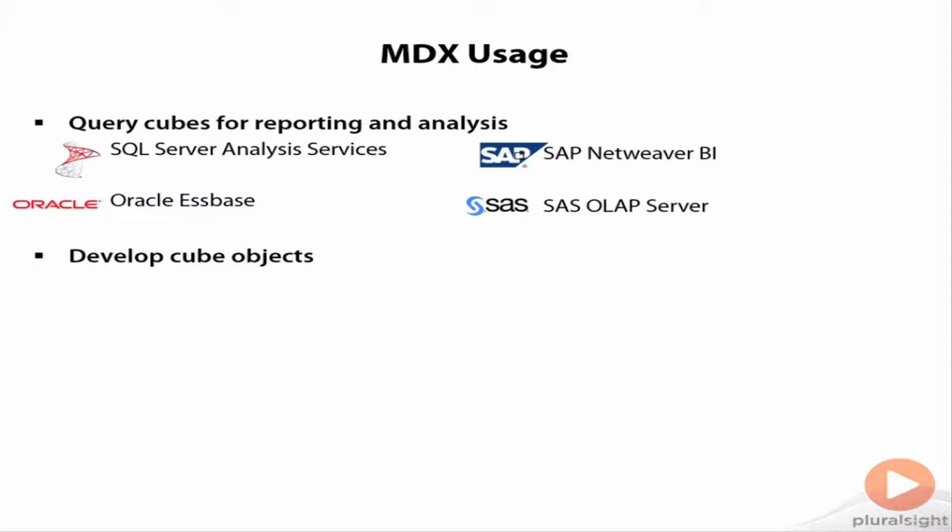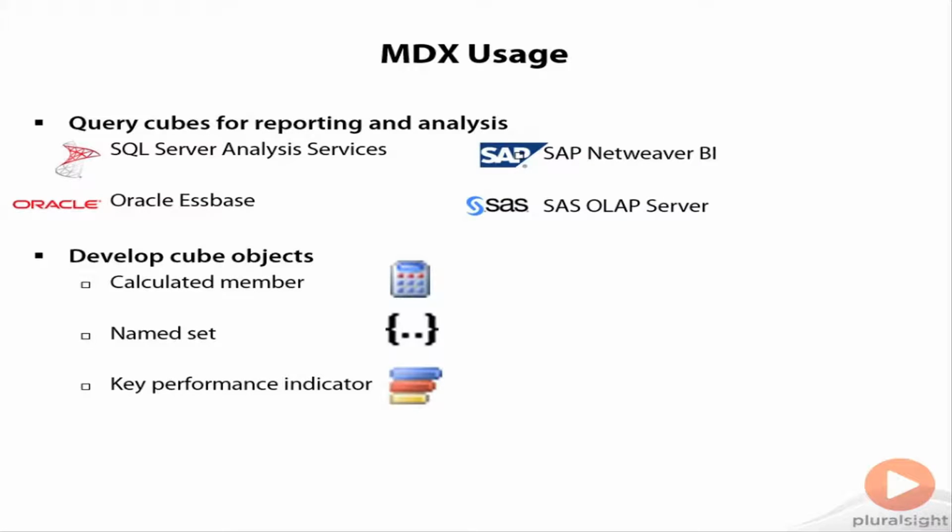We also use MDX to develop various cube objects, such as a calculated member, which is an expression we store in the cube that gets evaluated when a query executes and includes that calculated member. We can also create a named set by using an expression that returns a set of members based on some rules that we specify in an expression. And we have key performance indicators, also known as KPIs.